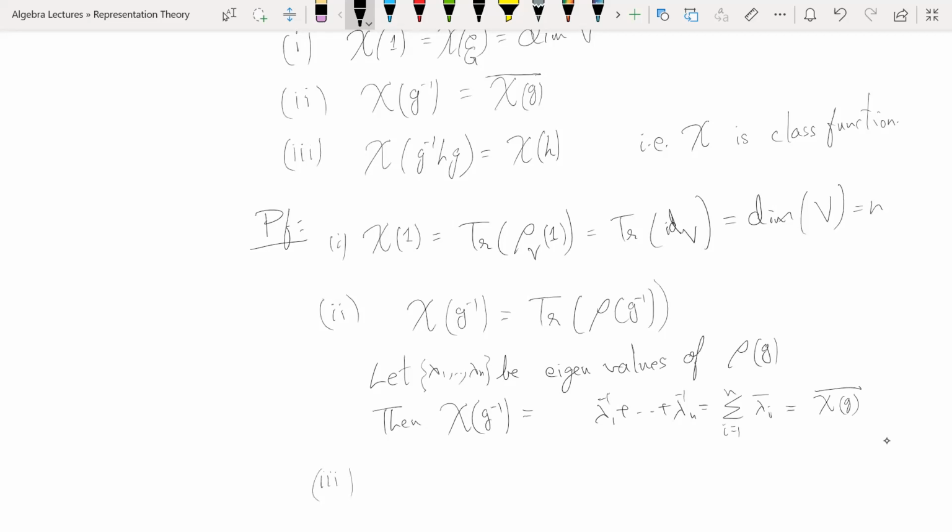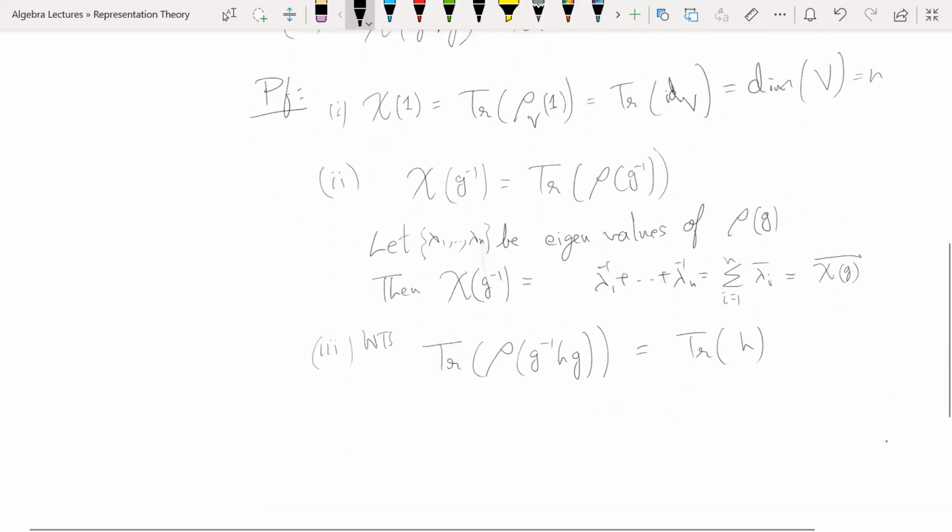So what does number 3 say? That is also straightforward, I suppose. We want to show that the trace of rho g inverse hg is the same as the trace of h.